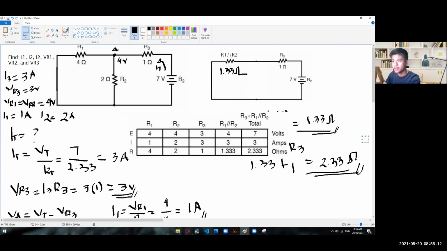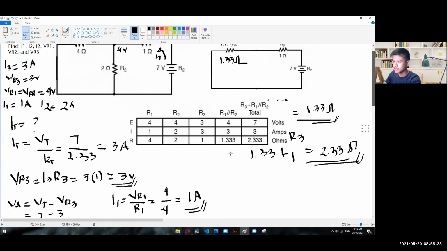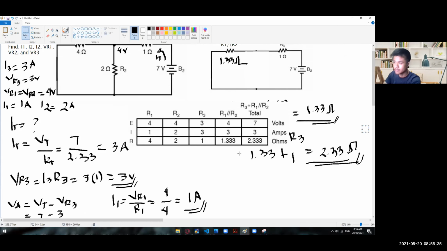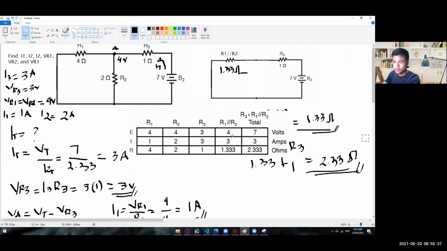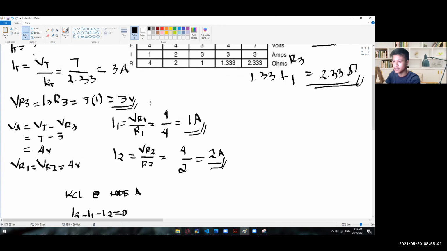And then for the R1, we have here 4 volts across R1, and then 1 amp across I1, and then 4 ohms on that resistor. So yeah, we have the same results, which only says that we've got the correct answer. So were you guys able to follow how we got those values?